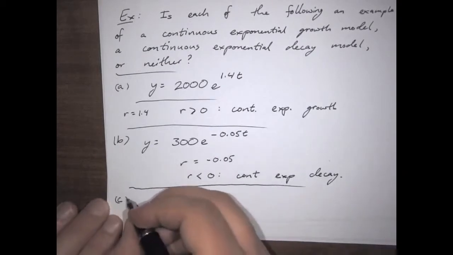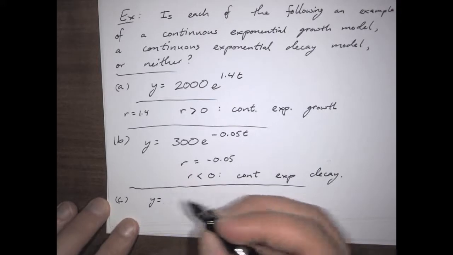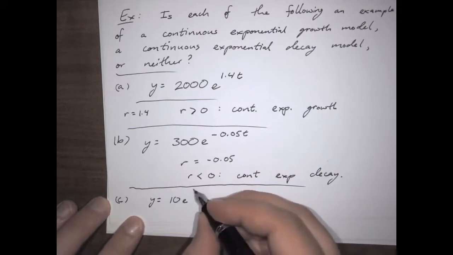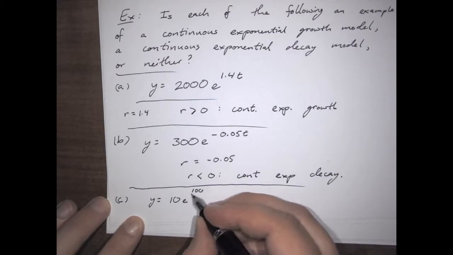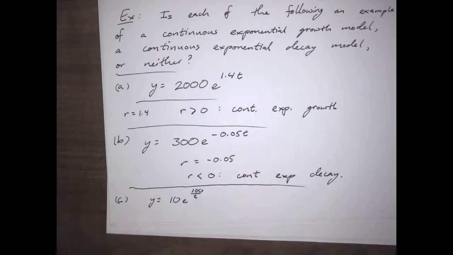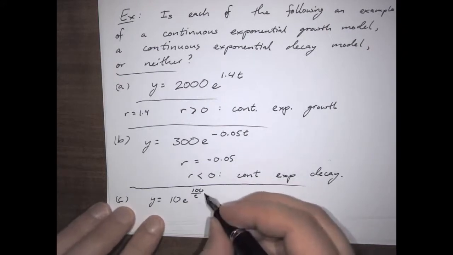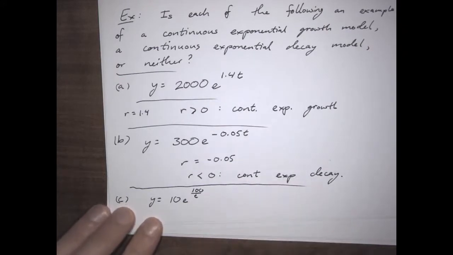And then example C, let's say y equals 10e to the 100 over t. At first, this looks like it's the right format, but it actually isn't. The t is not in the right spot. The t should be multiplied, not divided by.